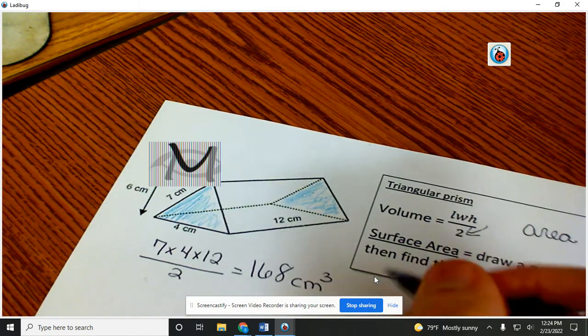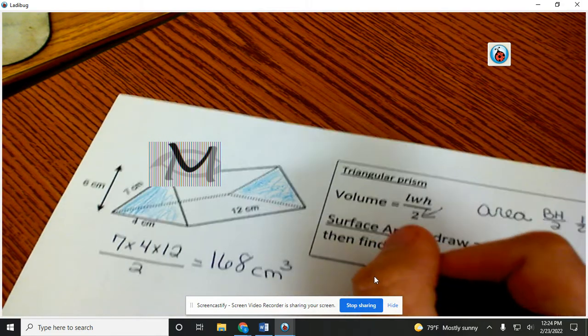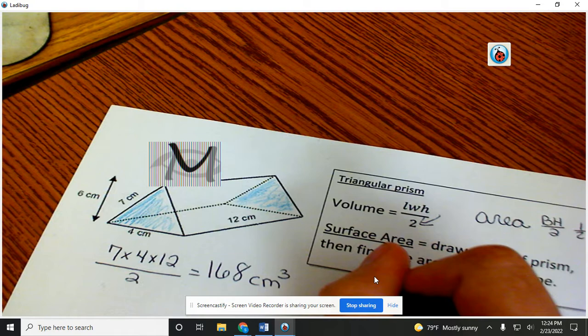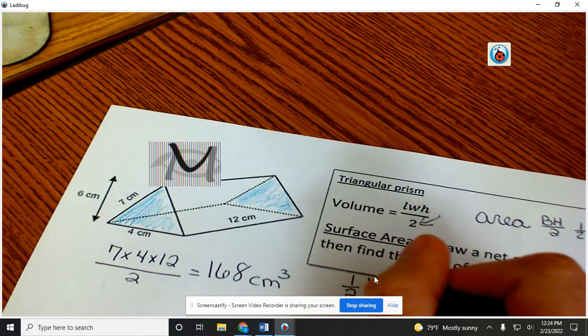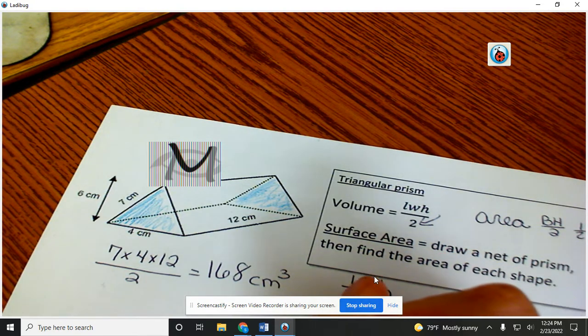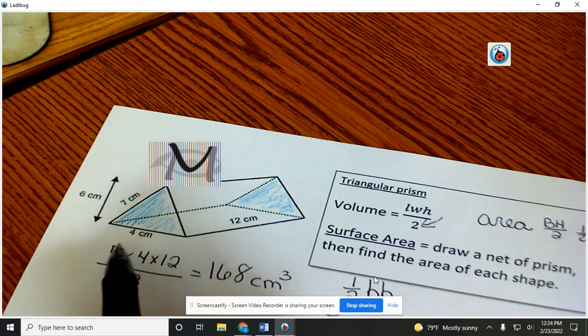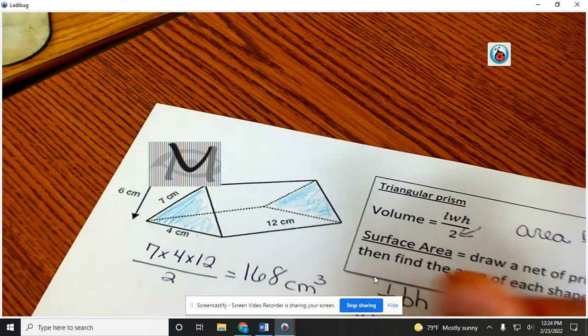The area for a triangle is 1/2 the base times the height. The base of this one is 4, so we're going to do 4 times 6, which is 24, and we are going to divide that by 2.